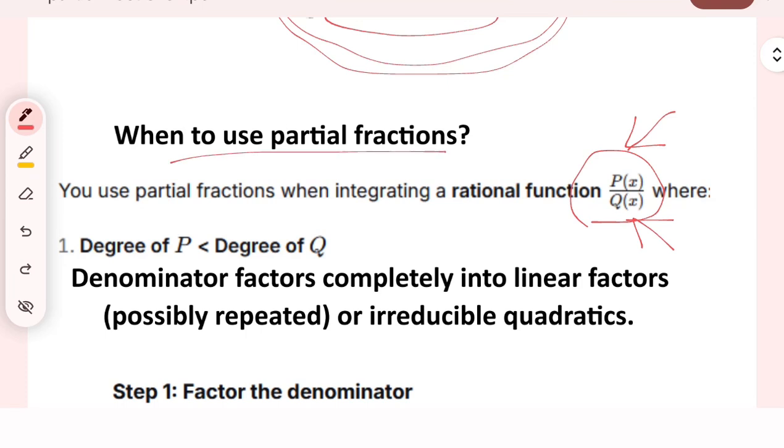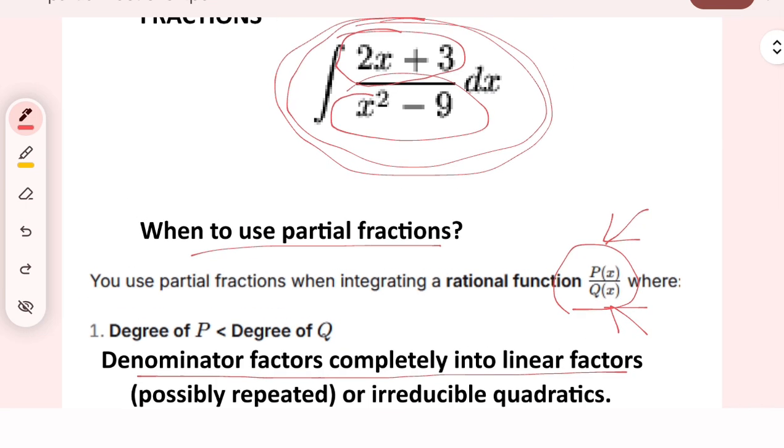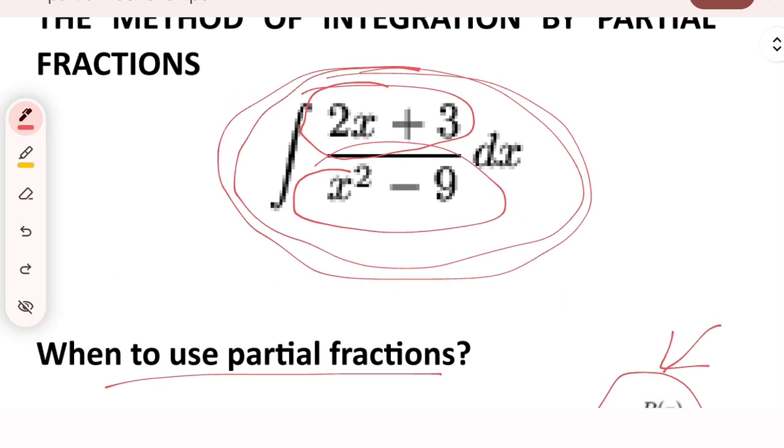The second one is that the denominator factors completely into linear factors, or it could be irreducible quadratics. So that means the denominator can also be factored. Apart from the denominator having a higher degree, it can also be factored. In this case, yes, x squared minus 9 can be factored.